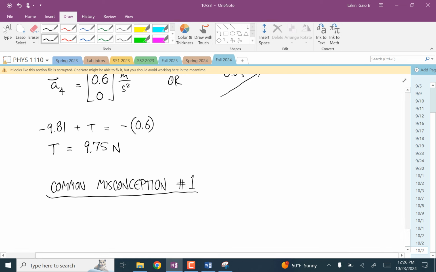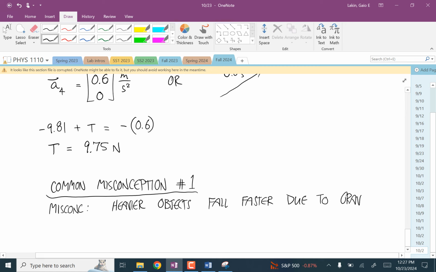So the misconception is heavier objects fall faster. Well, they might fall faster, but so I'm going to say due to gravity. So actually, gravity tries to make everything fall the same.